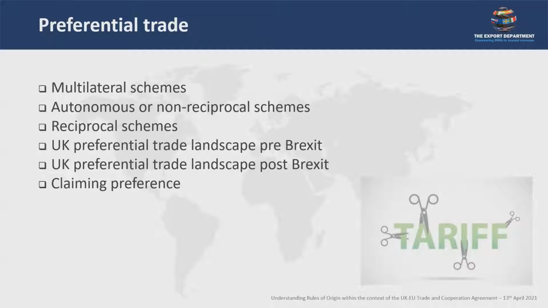So we heard a lot about most favoured nation tariffs and WTO terms should we have left the EU without a trade and cooperation agreement, and that's what it meant. It would have meant that our trade in goods defaulted to WTO terms.